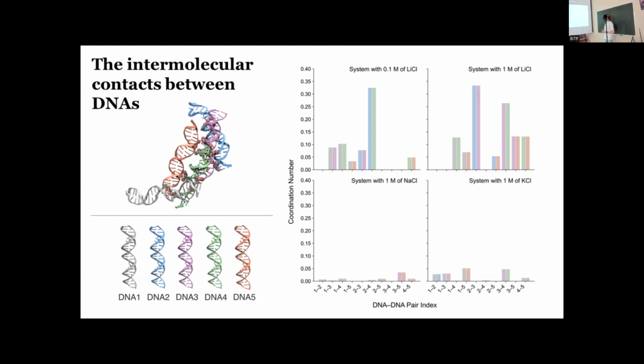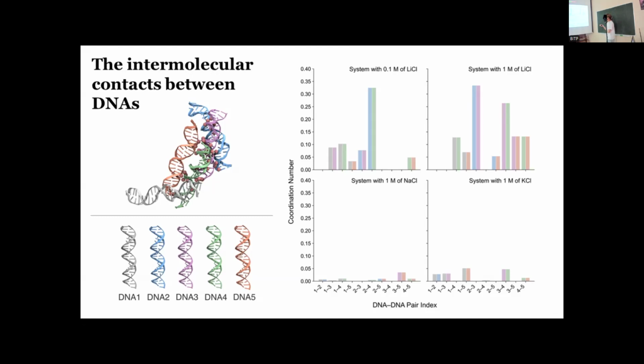We can clearly see that the system with lithium chloride exhibits high coordination numbers, indicating frequent DNA-DNA contacts, and interestingly, we observe the same effect for the higher and the lower concentration of lithium chloride.